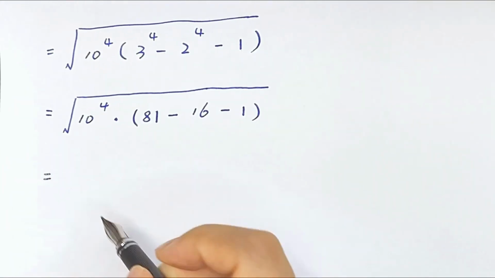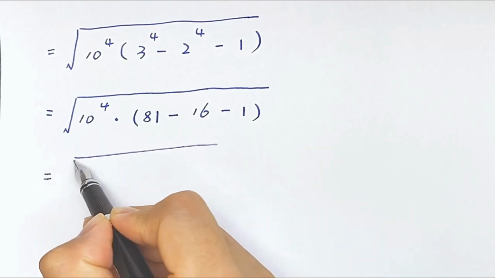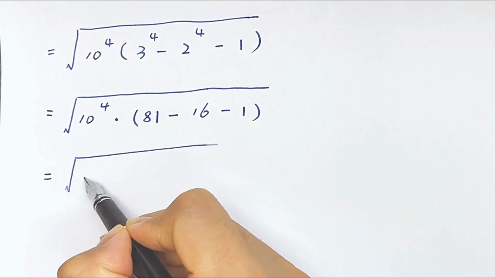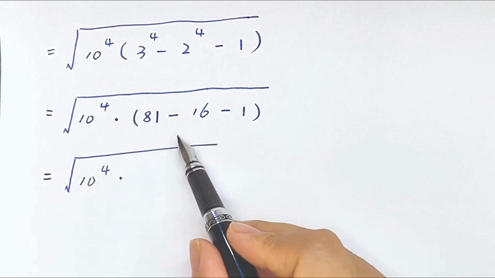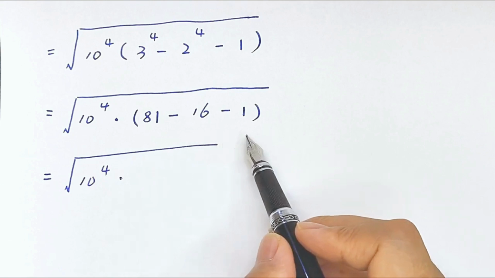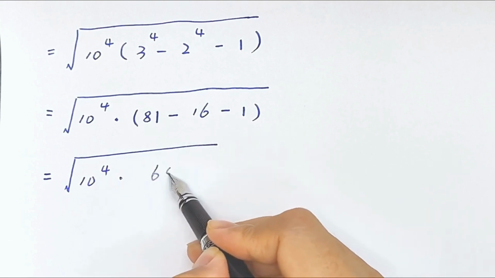It will be equal to square root of 10 to the power of 4 times 81 minus 16 minus 1 is equal to 64.